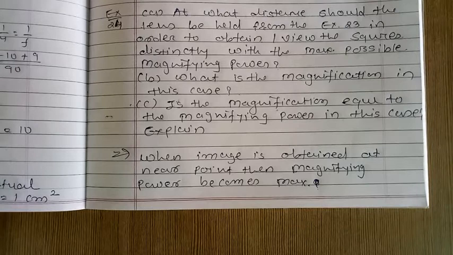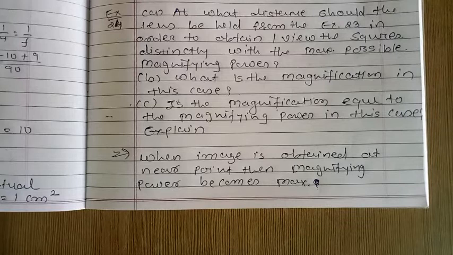Maximum. So we can easily say that our image distance is 25, right? But our image is on the left hand side, so we have to say image distance v is equal to minus 25. We know the focal length, right?